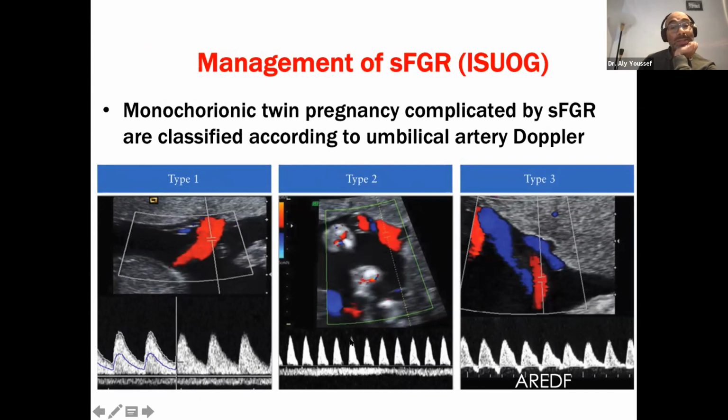If you have a persistent abnormal Doppler, so abnormal, high, or absent or reversed end-diastolic flow, this is type 2, whereas there is a specific type, type 3 according to Gratacos, in which there is an alternation of normal and abnormal umbilical artery Doppler.